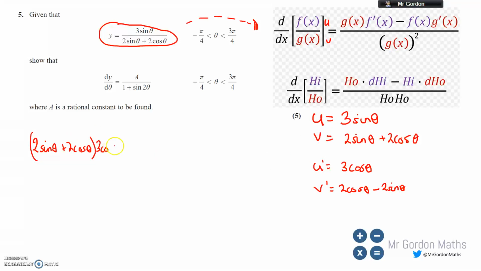Minus the u term, which we said is just 3 sine theta, multiplied by the differential of v, which is 2 cos theta minus 2 sine theta.